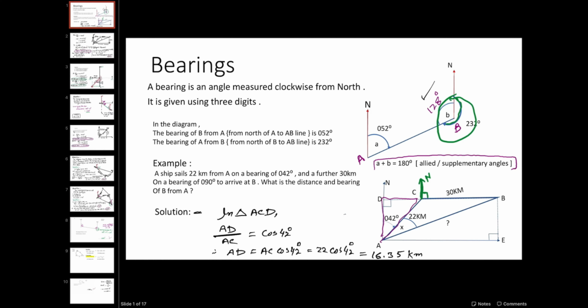So AD is equal to AC cos 42 degrees. But AC is given, its value is 22 km. So substitute the value of AC, we have AD is equal to 22 cos 42 degrees, which is equal to 16.35 km. I have used a calculator to find this value.